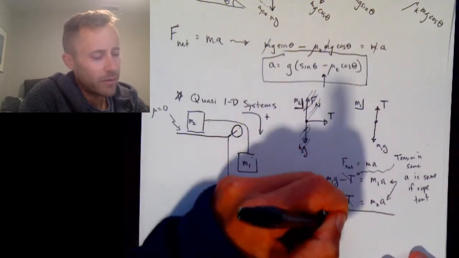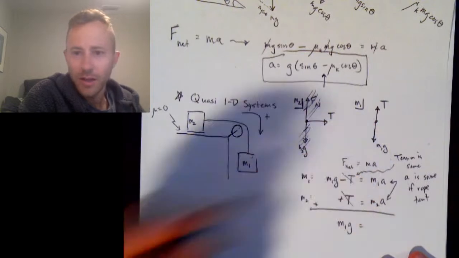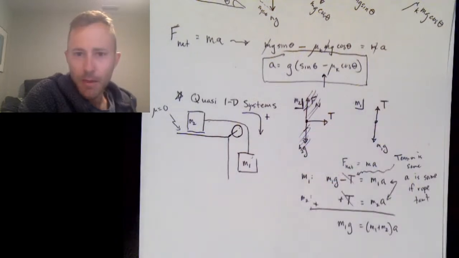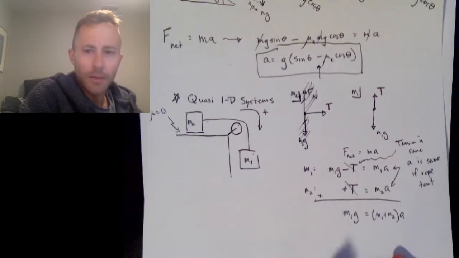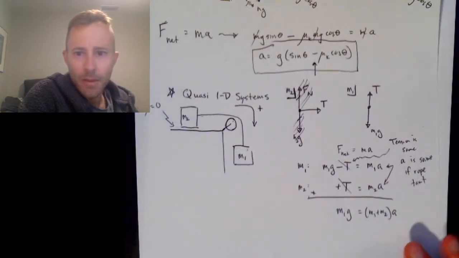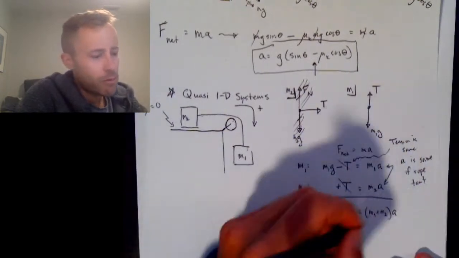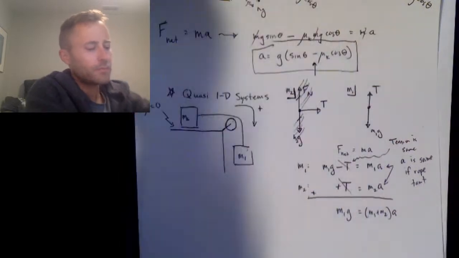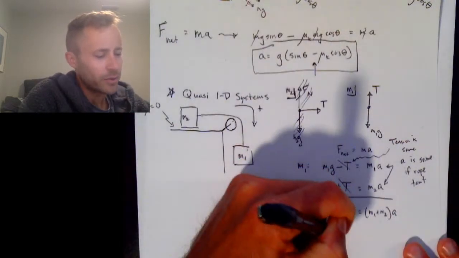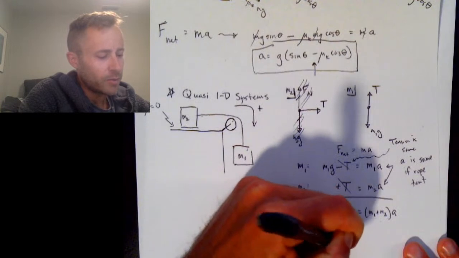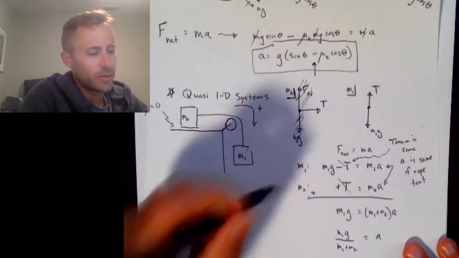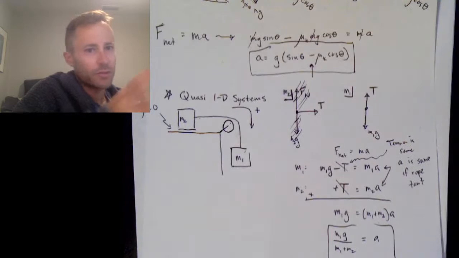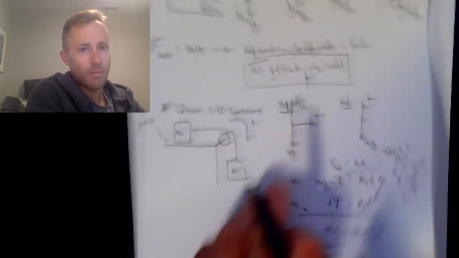And on the left-hand side, I have M1G, and on the right-hand side, I have M1 plus M2 times A. Then I divide both sides by M1 plus M2, and I get that this is the acceleration for this particular system. All right, so that's a little review of forces. I hope that made sense.